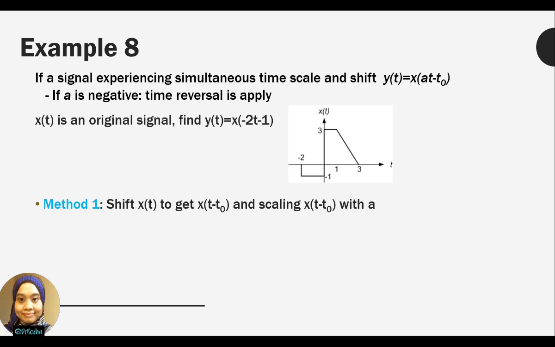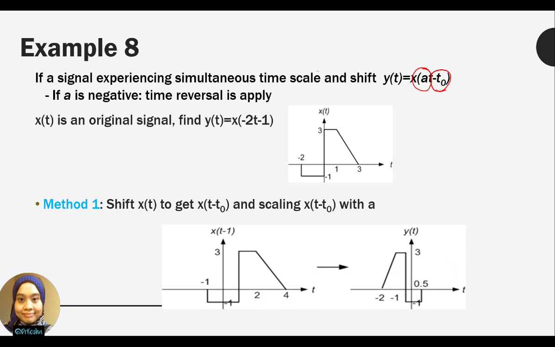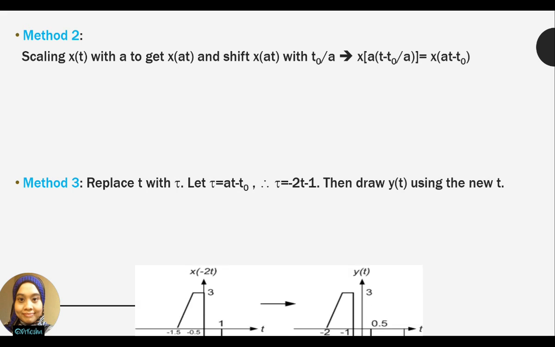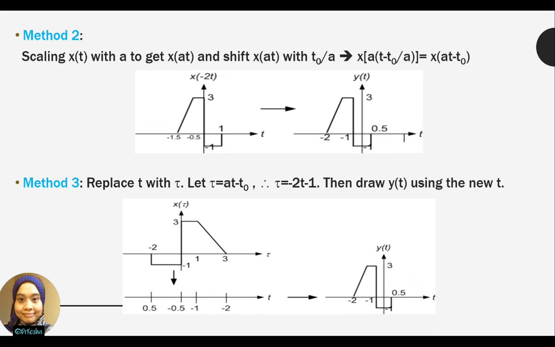For example, in example 8, we have this time a function that has scaling as well as shifting. So how can we do that if we have this combination of operations? In my notes, I provided 3 methods. You can try to use any of them, and you will get the same answers.